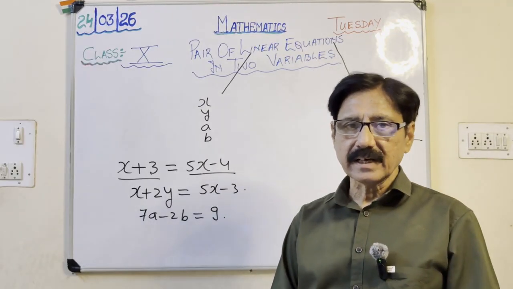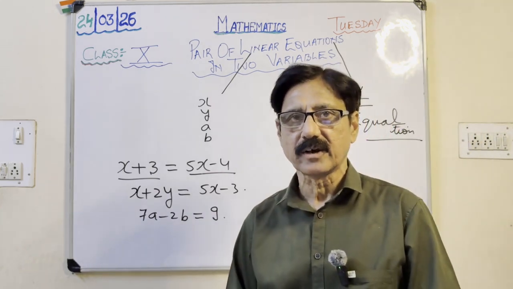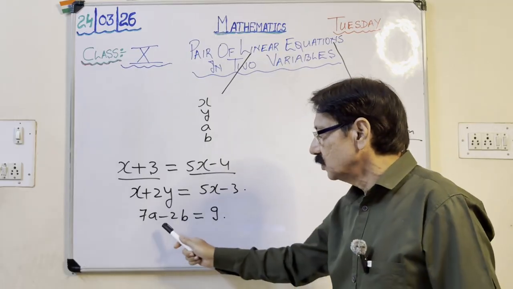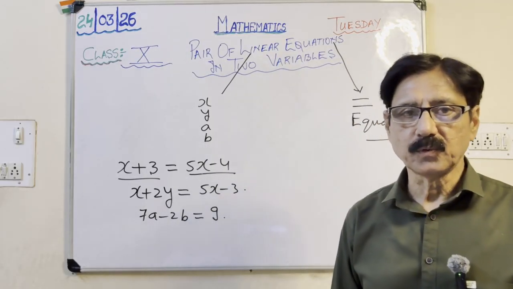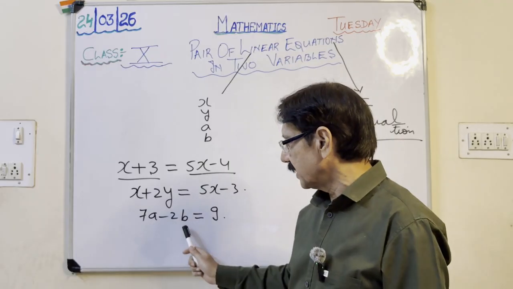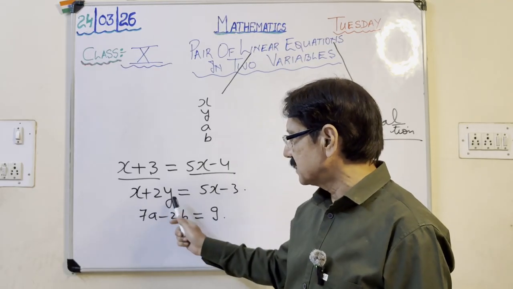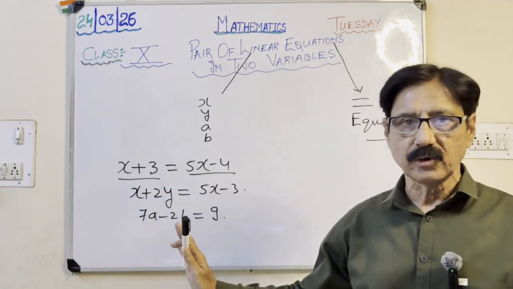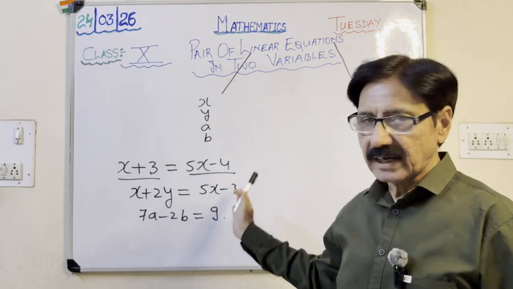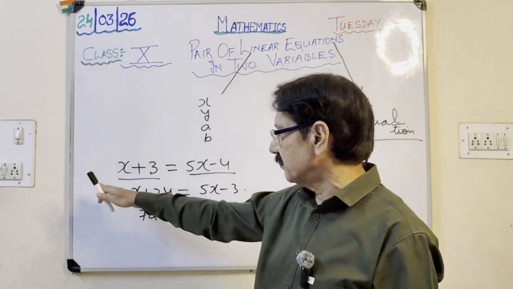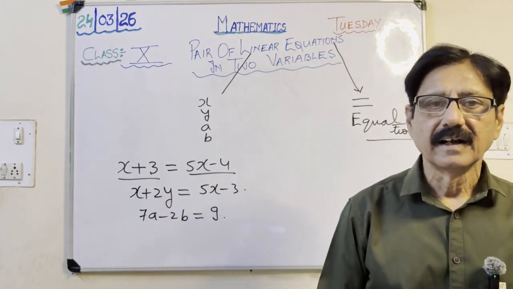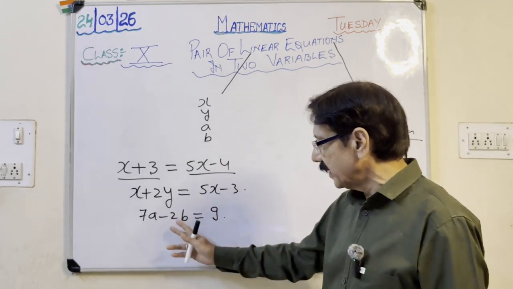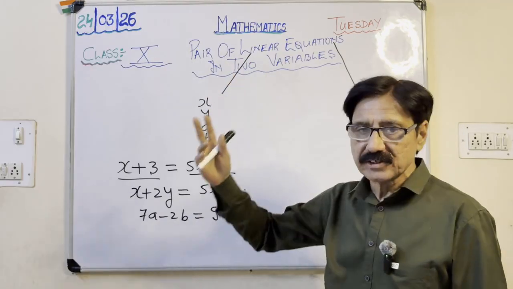Why is a pair needed? We also call it simultaneous linear equations in two variables. A pair of linear equations is needed to find the values of the variables, like a and b or x and y. If a linear equation in one variable is there, you can solve the single equation very easily by transposing the variables to the left hand side and the constant to the right hand side. But to solve linear equations in two variables, a pair of linear equations is needed.